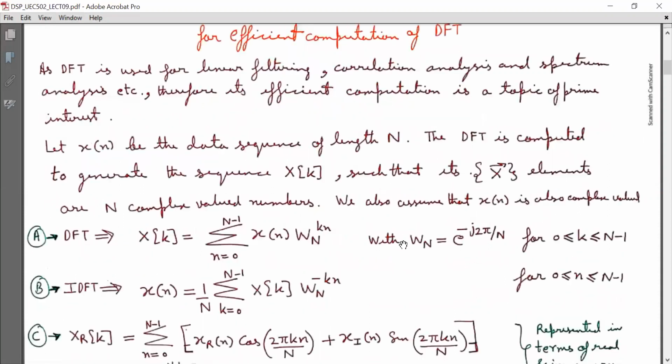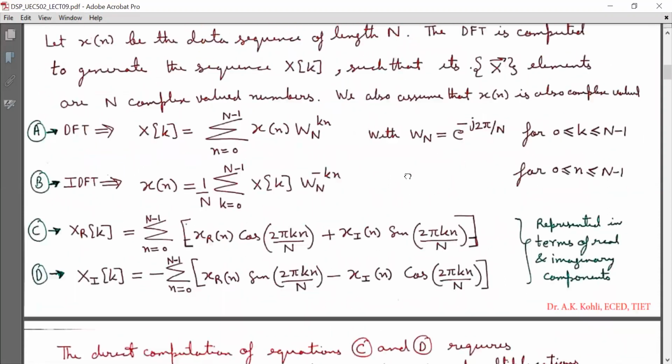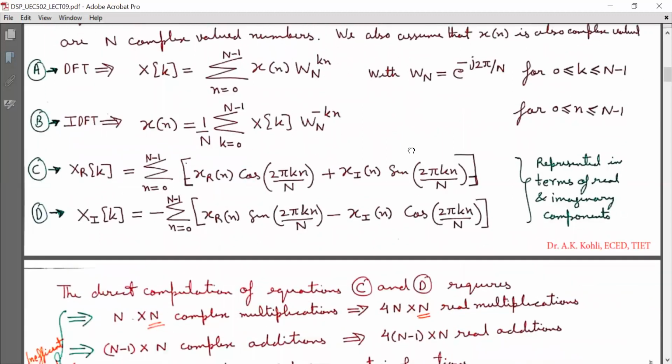The conventional way, or direct method, for computation of DFT is through equation A: X(k) is equal to summation n running from 0 to N minus 1 x(n) W raised to power kn, with W equal to e raised to power minus j 2 pi by N, for k ranging from 0 to N minus 1.